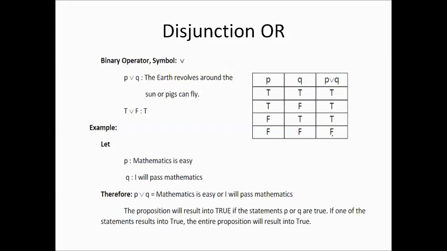Now, for the logical disjunction, here is an example again. We're using this symbol for the disjunction OR, and we use the word OR for the logical disjunction. For example, the first propositional variable P is mathematics is easy, and the next propositional variable Q is I will pass mathematics. To form the logical disjunction of P and Q, I write the first proposition P, mathematics is easy, then the disjunction OR, and then the statement of the variable Q, I will pass mathematics.